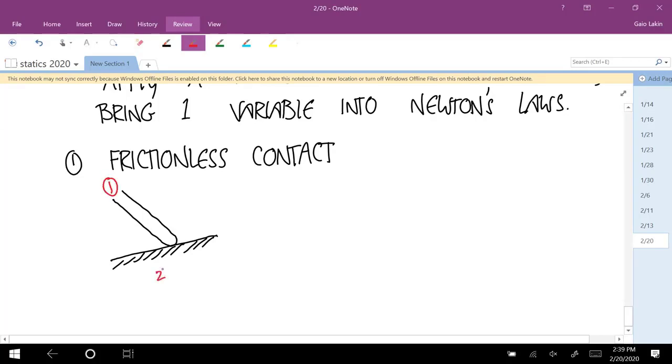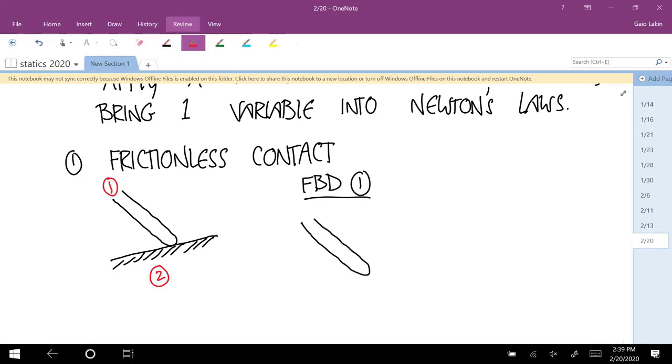So if this is body 1 and this is body 2, then a free body diagram of body 1, make it look a little more like the one over here, is going to be perpendicular to this surface of contact.